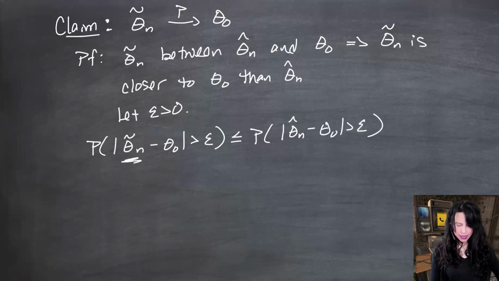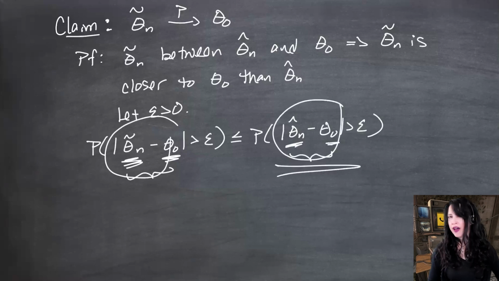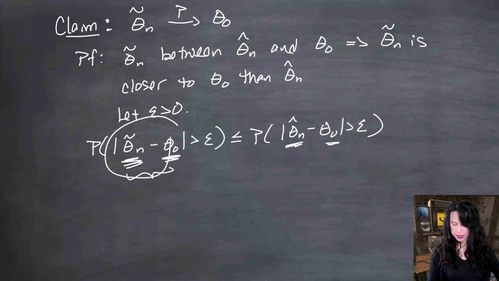Because again, this is closer to this than this is closer to this. So this is a larger distance than this. It's going to be easier for this thing to be greater than epsilon than it is for this thing. So it will happen with a higher probability.